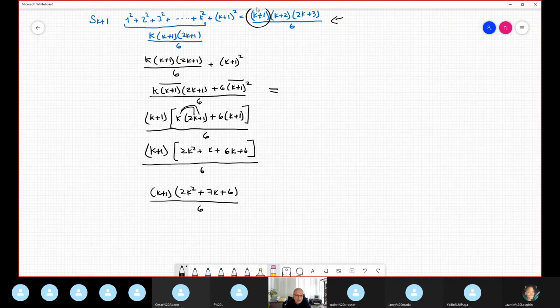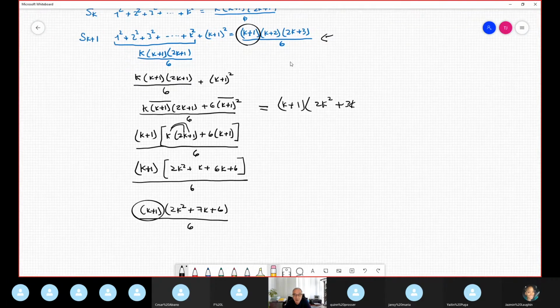This is similar to this. Look. So I foil this, and I copy k plus 1. You foil: it is 2k squared plus 3k. K times 3 is 3k, no? 2 times 2 is 4k.